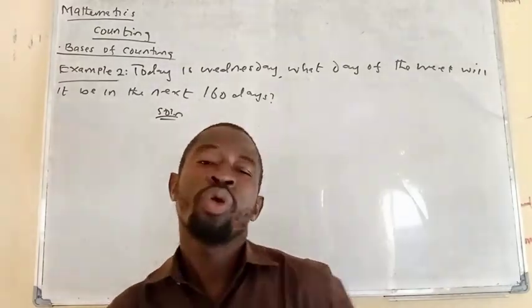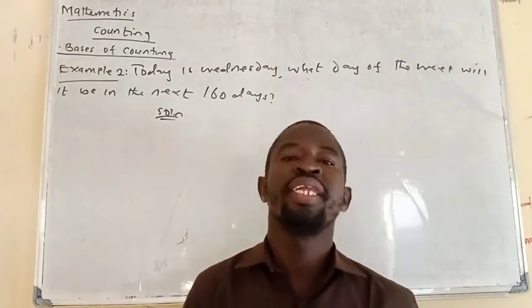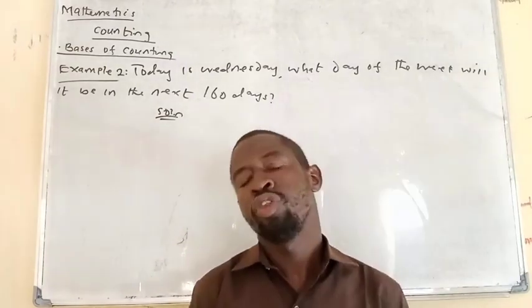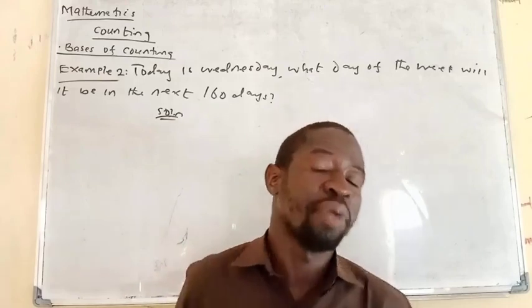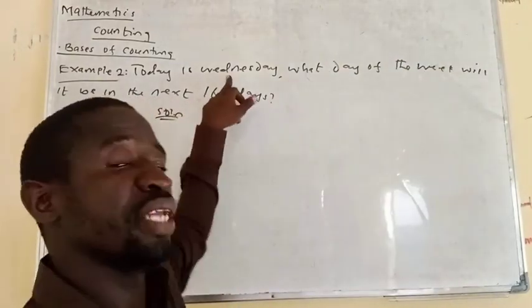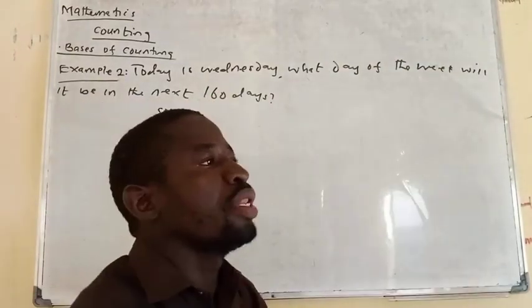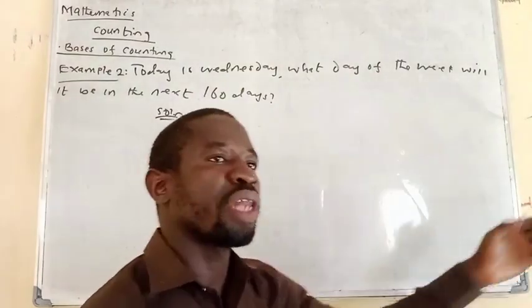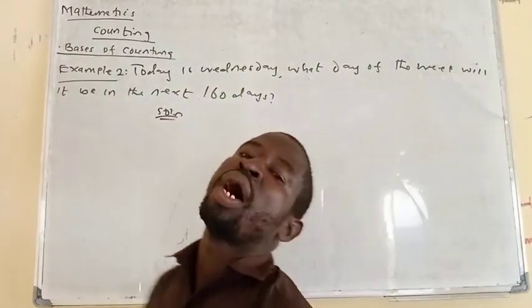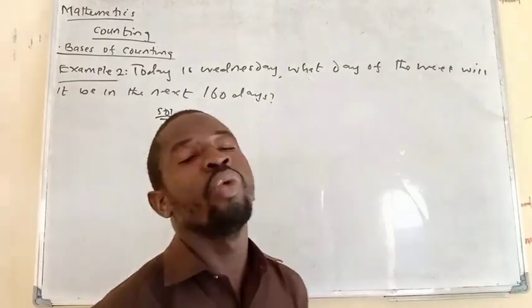Because the given day is Wednesday, we want to know in the next 160 days, after we convert it into weeks and days, which day it will fall on.